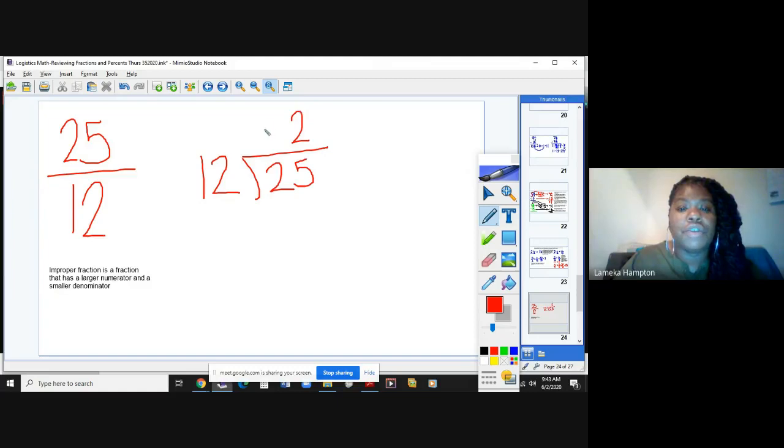This is going to serve as your whole number. When I do 12 times 2, that gives me 24. When I subtract 24 from 25, that leaves me with 1. The remainder of 1 now serves as my new numerator, and my bottom number stays the same.